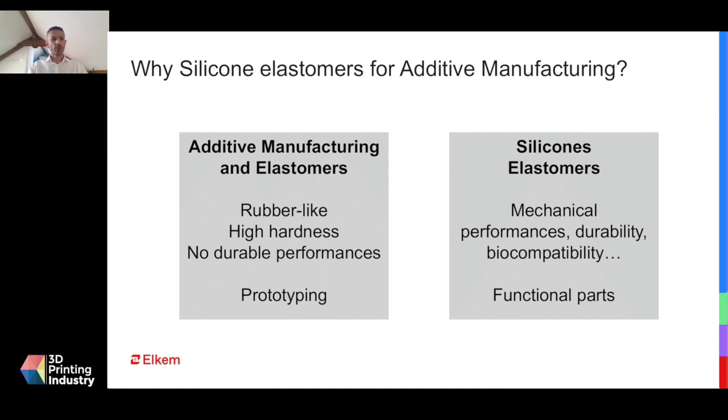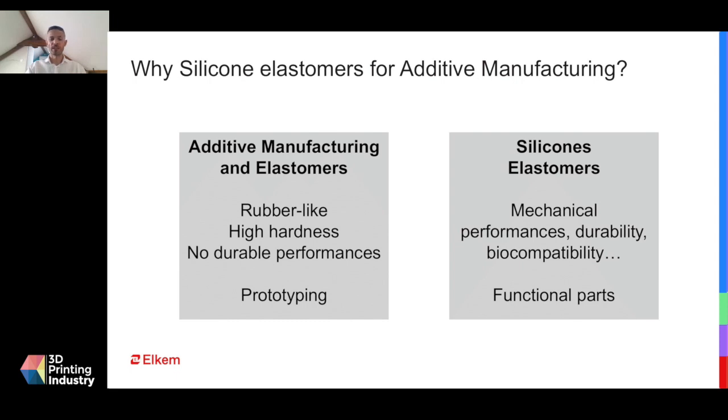So after the introduction done by Carsten, we will go now through the technical part. And especially the main question here is how silicone elastomer can bring more value to additive manufacturing. So today, probably you already know that you can print soft parts with additive manufacturing. To do that, you will mainly use thermoplastic elastomers.